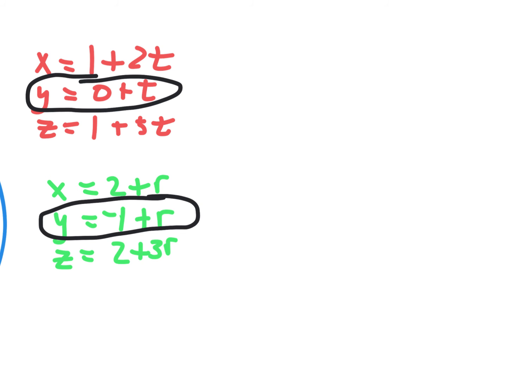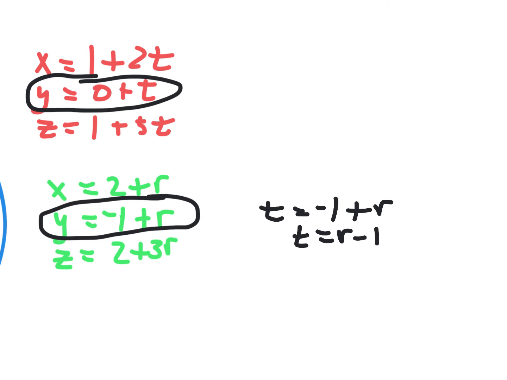And I think it's smart to find the one that solves easiest like this. And I go t equals negative 1 plus r. Another way to say that, which is even nicer, is t equals r minus 1. And now that can be plugged in anywhere else that you want to in this equation. Wherever you see a t, you can put in an r minus 1.